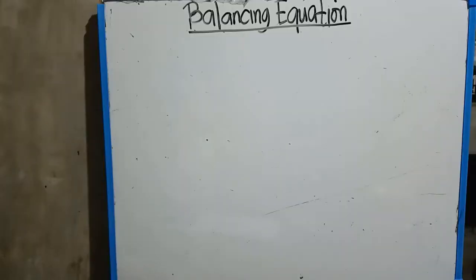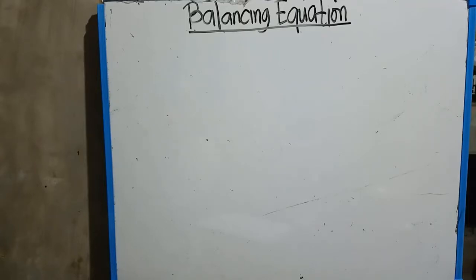So for our last topic for this first quarter, we have balancing equations, chemical reactions and chemical equations. When we say chemical reaction, it is the process in which a substance or substances is changed into one or more new substances.